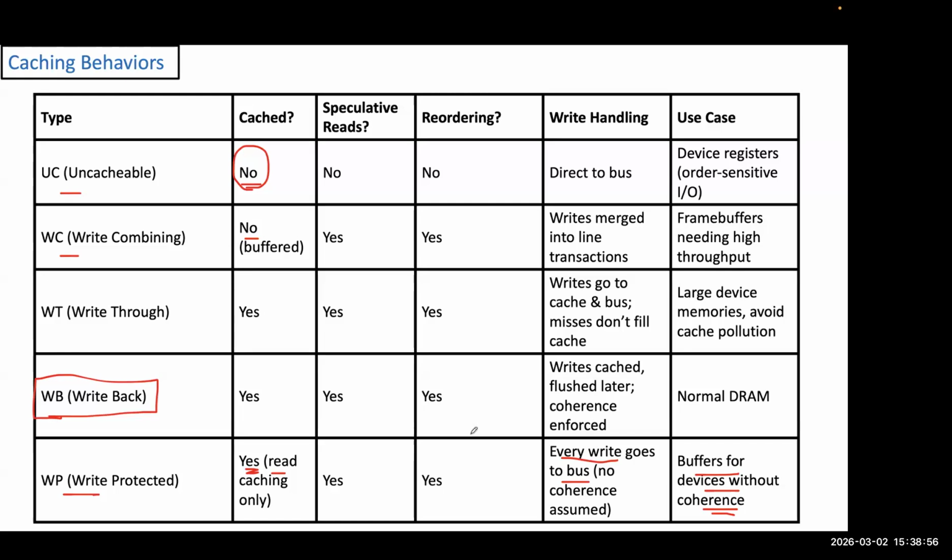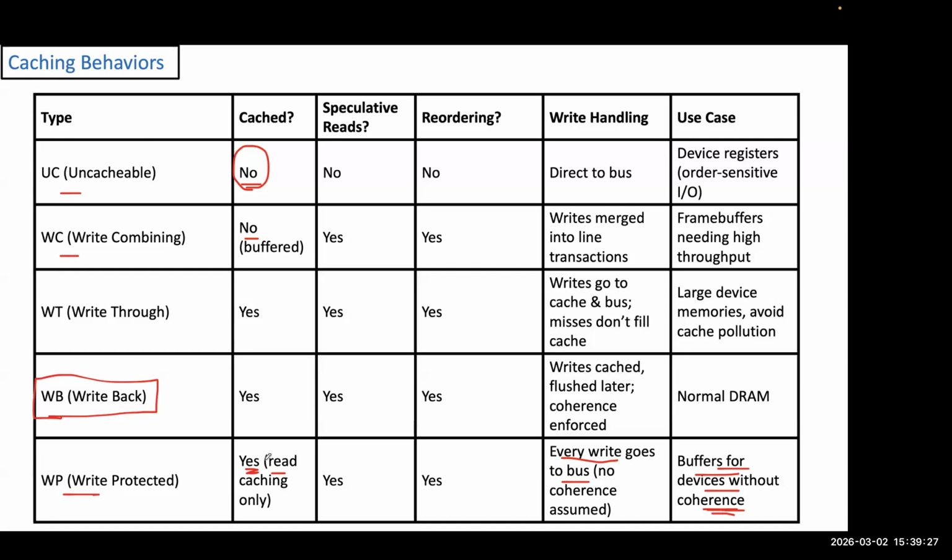Once we know these caching behaviors, we need to assign them to the memory ranges, right? So for example, I'm just making up a number, address range from 100 to 200 is reserved for memory devices who have buffers, but which do not support the coherence protocol for their data.